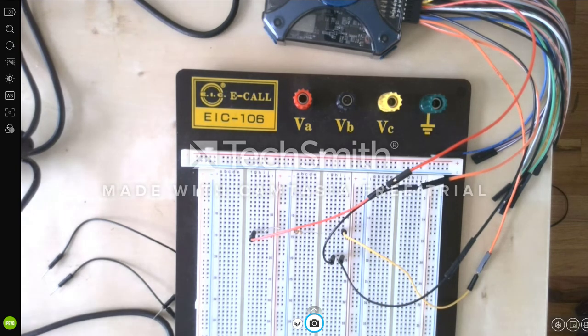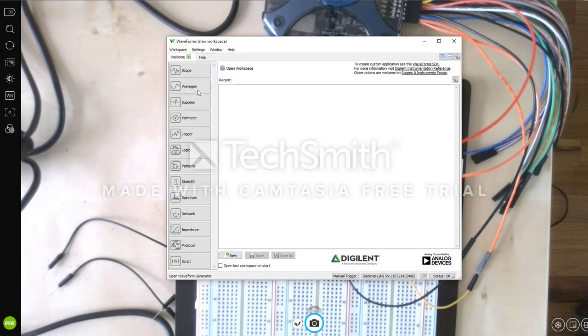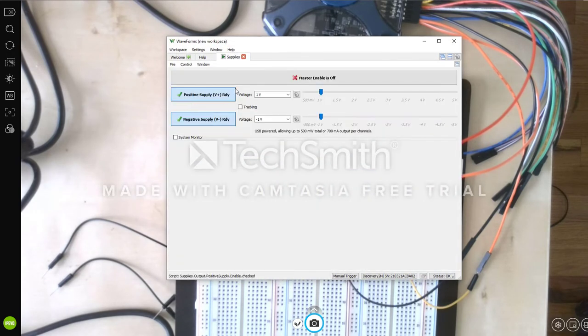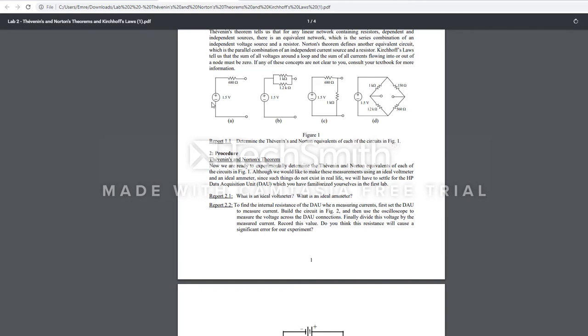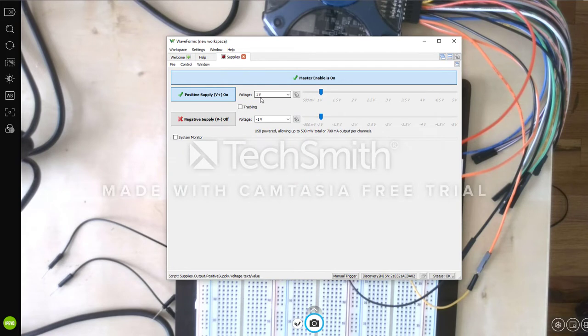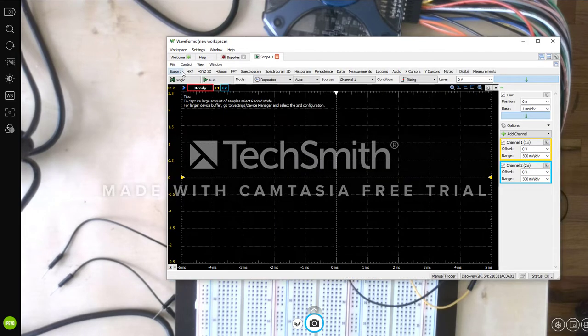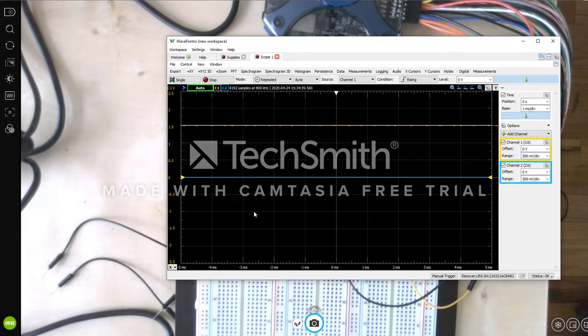Now we can take our measurements. We are clicking Supplies for DC voltage, and we need 1.5 volts of DC voltage. Now we'll use Scope to measure the voltage on channel 1. As expected, it's 1.5 volts, but is it precisely 1.5?